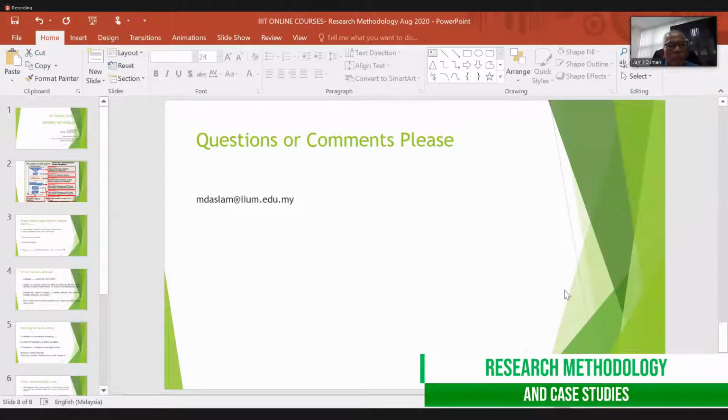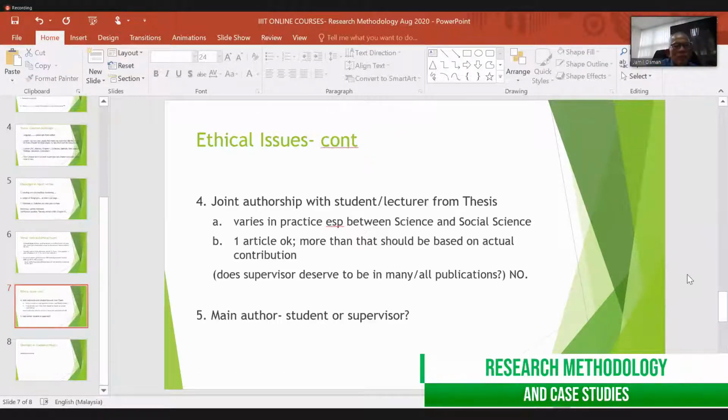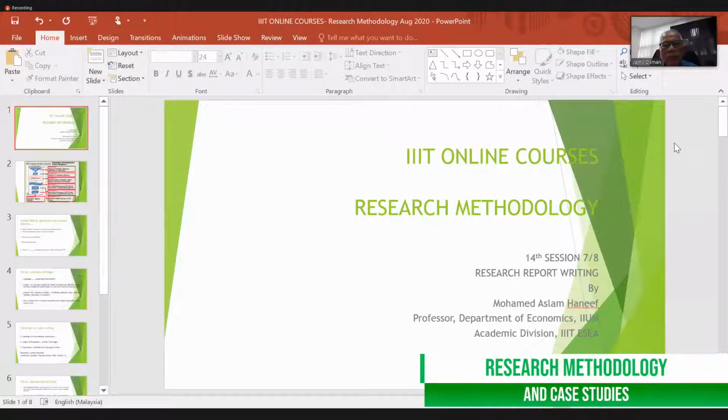Very simple, a few slides, and I've even taken one from the slides that you were using. I didn't know that you would be giving those few introductory comments, so there is also a kind of an overlap with the slide that you are presenting. I'm asked to come to talk about research report writing.